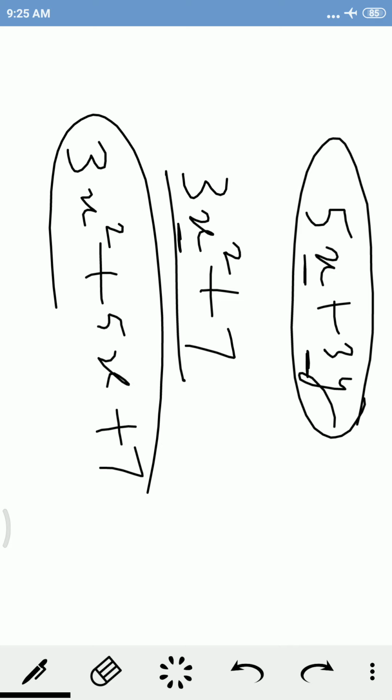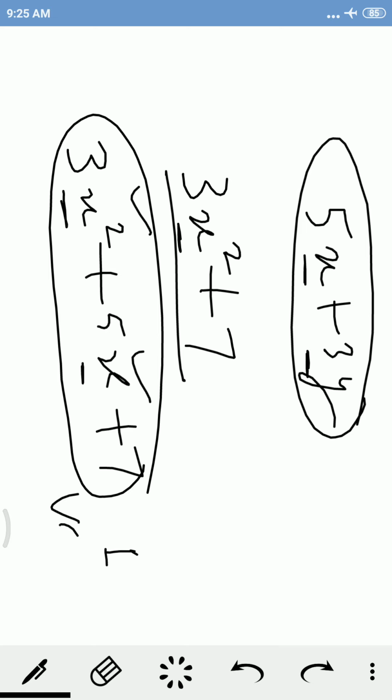It is also a polynomial in one variable because it has only x. The only difference is that here x has power 2 and here x has power 1. So this is a polynomial in one variable, and this one is a polynomial in two variables.